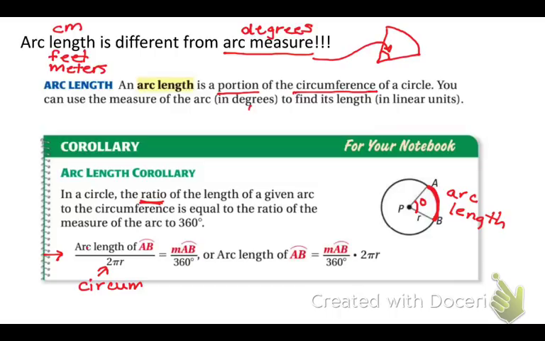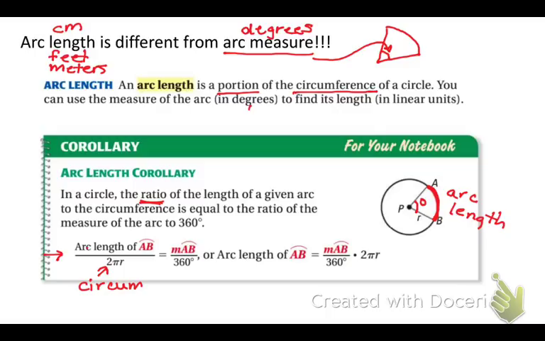Another way you can write it is: the arc length of AB, if you multiply both sides by 2 pi r, is equal to the measure of the arc divided by 360 times 2 pi r.